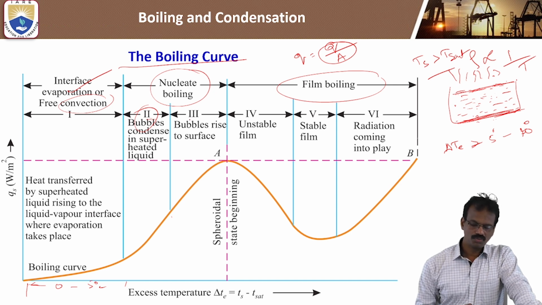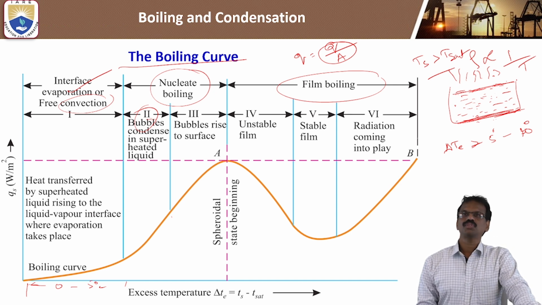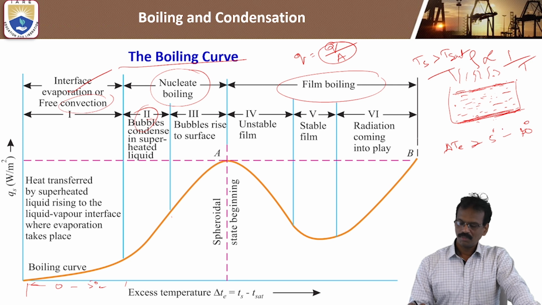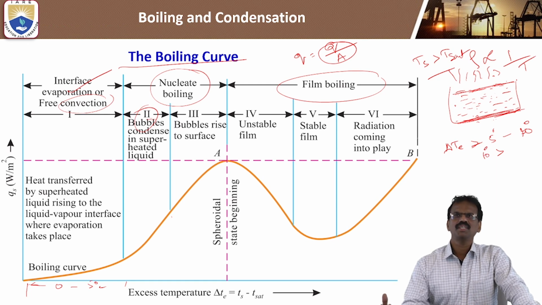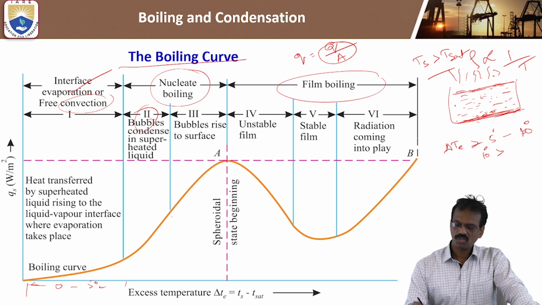Third phase, that is the bubbles rise to surface. It means when the excess temperature is increased greater than 10 degrees Celsius, automatically bubble formation will increase. These bubbles will rise to the top surface. Automatically water is converted into vapor.